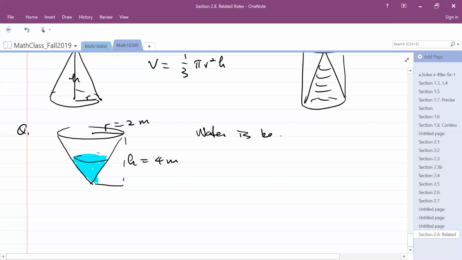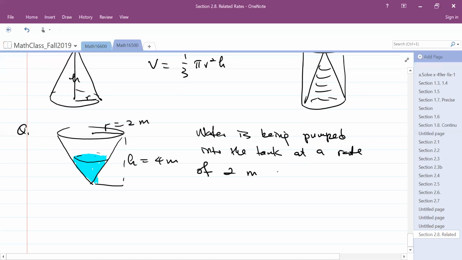Water is being pumped into the tank at a rate of 2 cubic meters per minute. Of course the water level is going up. At the very beginning, it's going up very fast, then it's getting slower and slower, right?